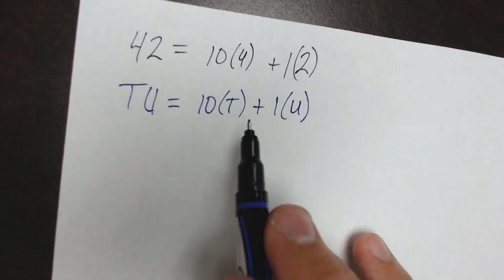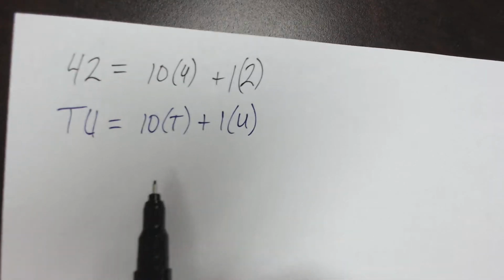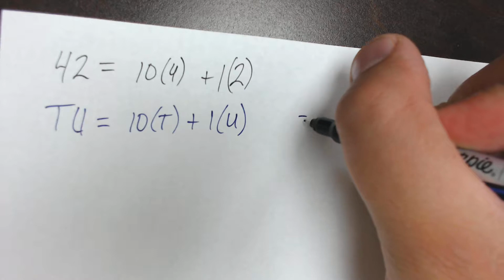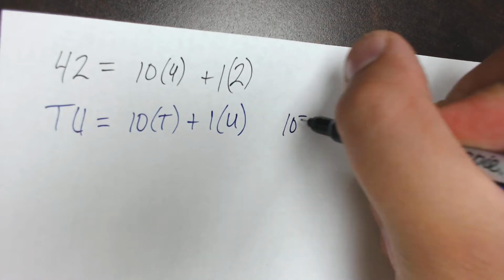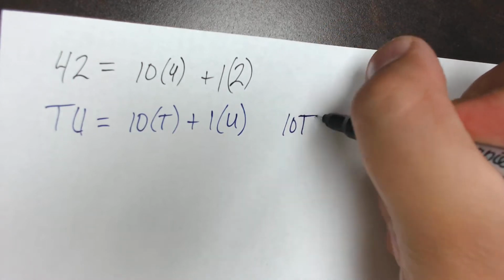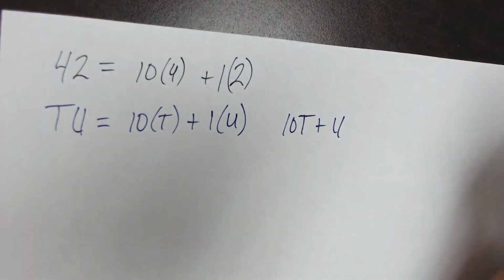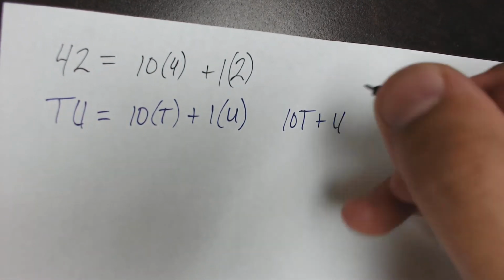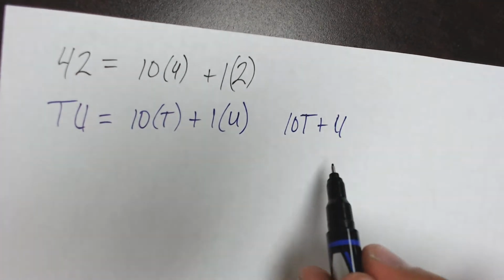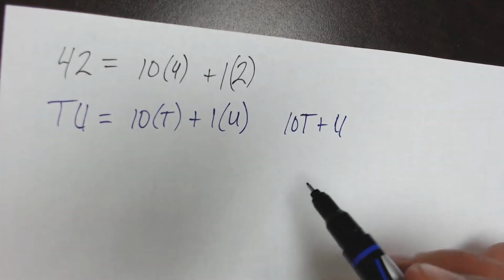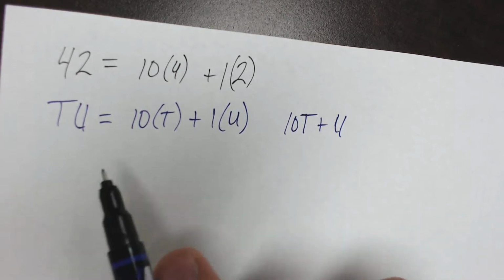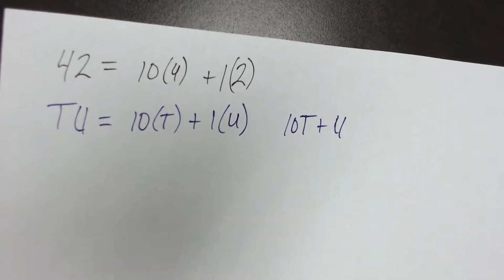Now you may have realized 1 times the units digit is kind of lame, so there's a faster way to write this. If you want to write an unknown number, you could say it is equal to 10 times the tens digit plus the units digit. That's essentially the same thing, but a little more cleaned up and easier to read. So 10t plus u, 10 being the value of the tens digit, u being the value of 1. And this idea is what we're going to be using to solve these problems.